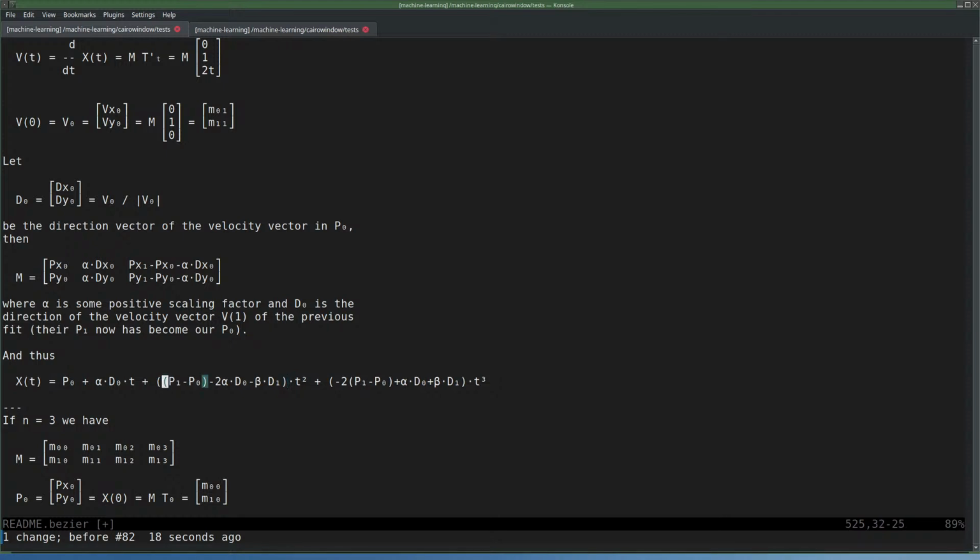The 3 is gone. And the 2 is gone. And the beta is gone. And the rest is gone. So. And now we can fit alpha to the next data point.